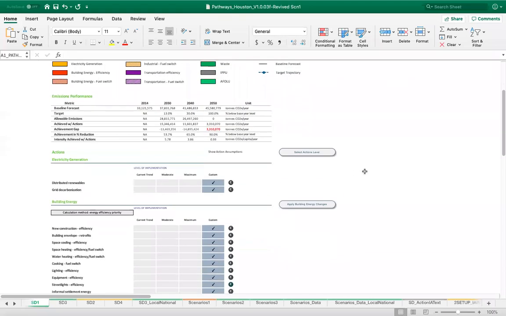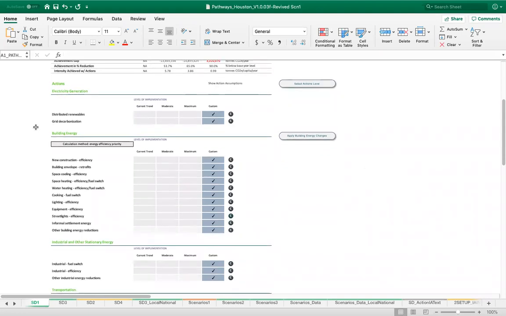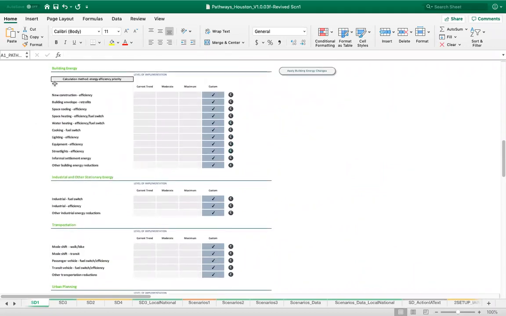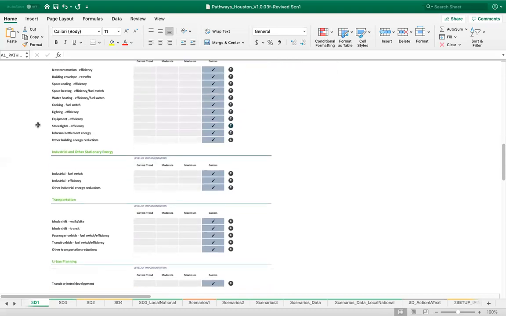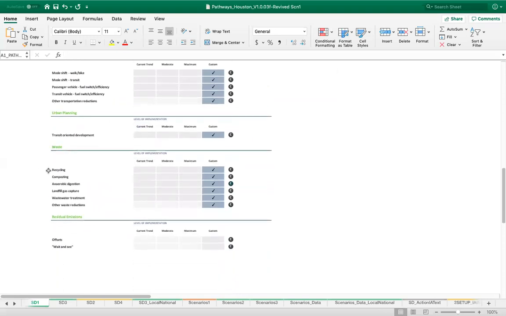So the actions are broken down. I'll walk us through the list to start with and then provide a little more detail. Actions are broken down into electricity generation, so what can be done around electricity generation; building energy use specifically; industrial and other stationary energy, recognizing that building use is primarily focused on those residential, hospital, warehouse facilities that we saw previously; transportation; urban planning in terms of the impacts of urban form; and then finally waste.